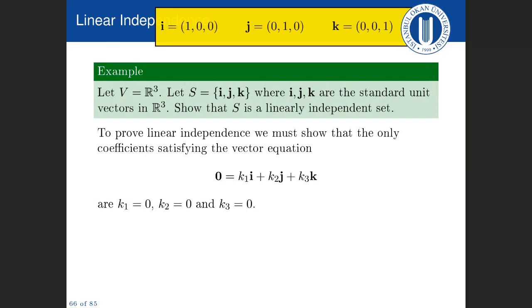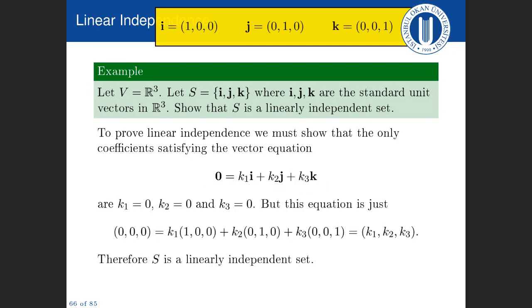So by the theorem, we need to prove that if we start with the equation 0 is equal to k1 i plus k2 j plus k3 k, then we must have that k1, k2, and k3 are all 0. But this equation is just the same as writing the vector (0, 0, 0) is equal to the vector (k1, k2, k3), and that implies that k1 up to k3 must all be 0. So therefore, S is a linearly independent set.